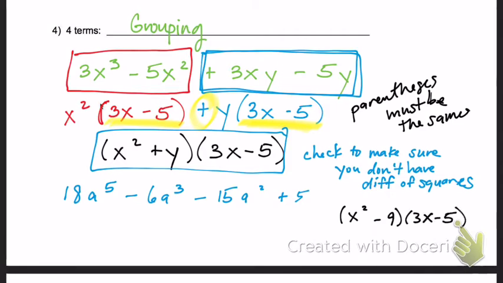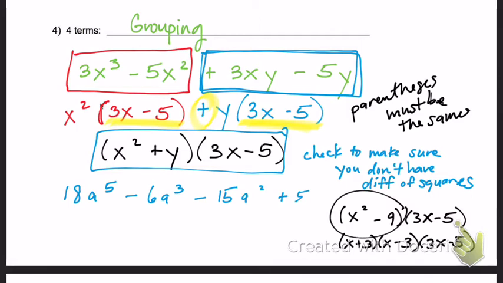Then I can actually factor this again, and it would be x plus 3, x minus 3, times 3x minus 5.